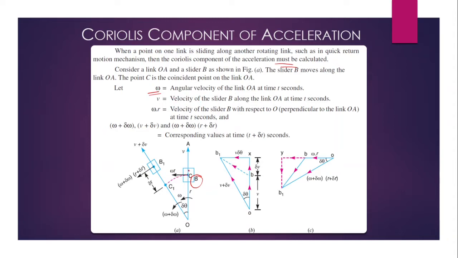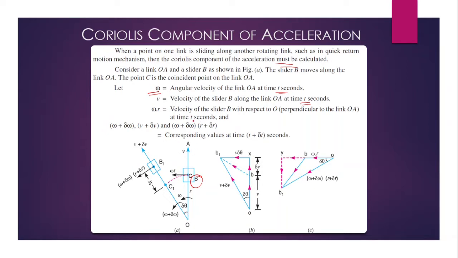V is the velocity of the slider B at time t seconds. Then omega r is the velocity of the slider B with respect to O. That relative velocity is omega r, and that must be perpendicular to link OA.